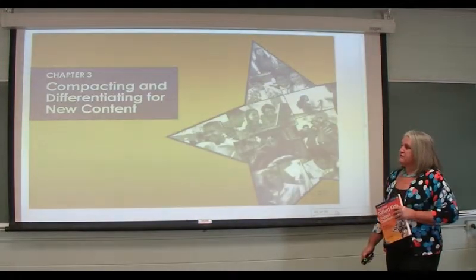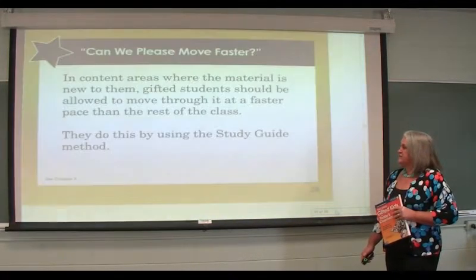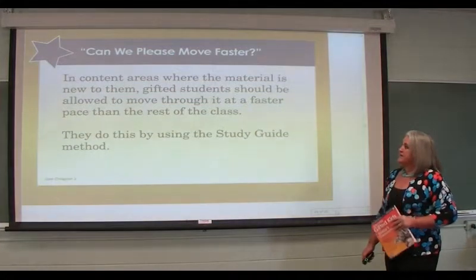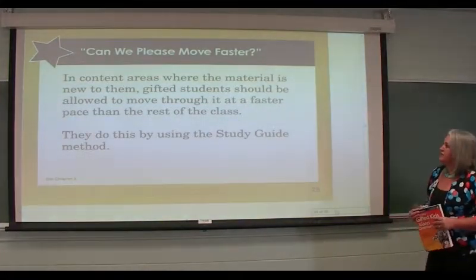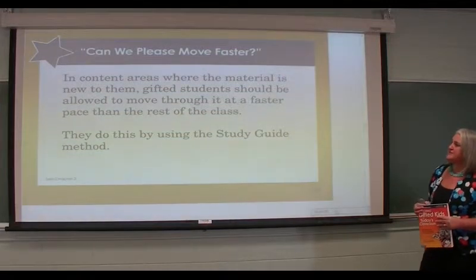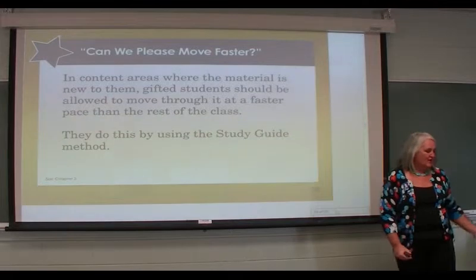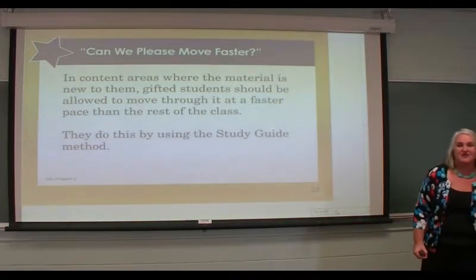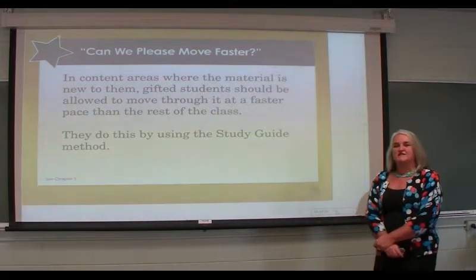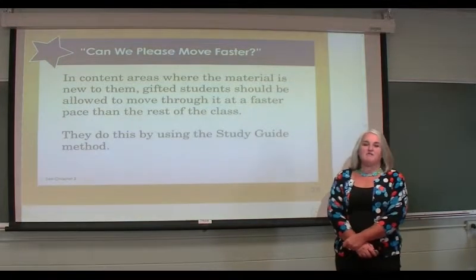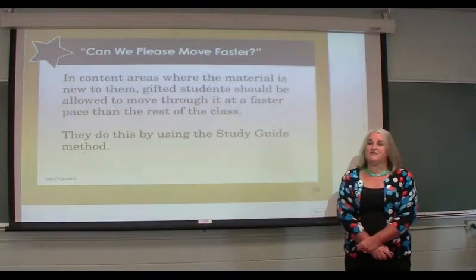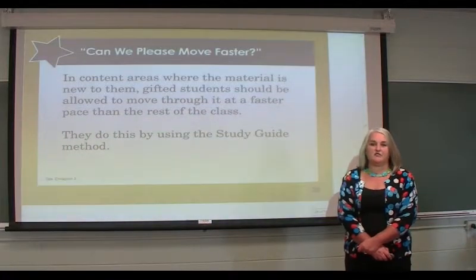Chapter 3 moves into a little bit more compacting and differentiating for content. In content, where the material is new to them, gifted students should be allowed to move through it at a faster pace. So this also presents a problem, because if you're having whole group instruction and it's something that the student needs to know, they might be able to accomplish the material in a very quick manner, yet oftentimes we have them sit through the entire process.